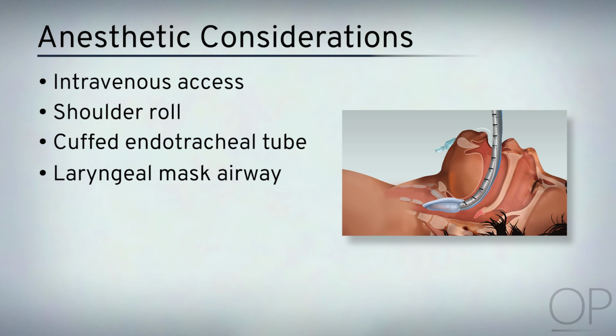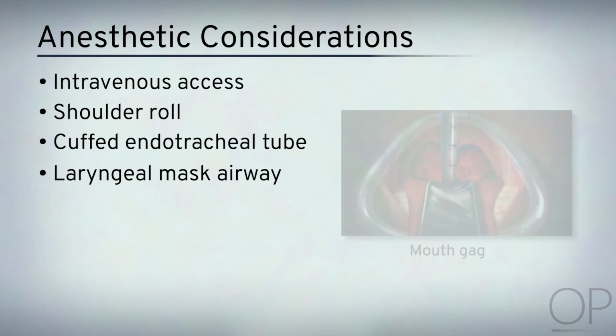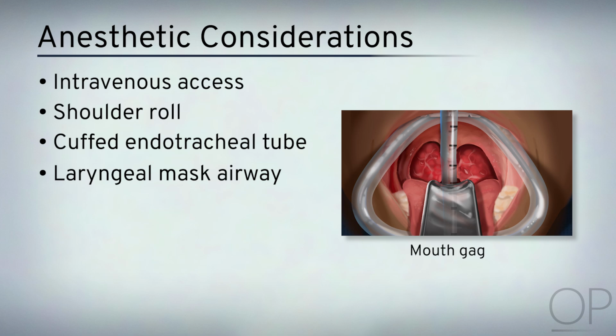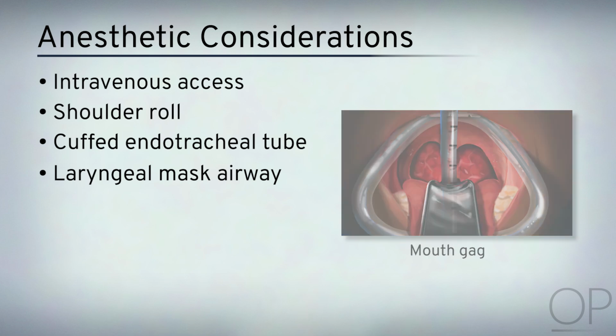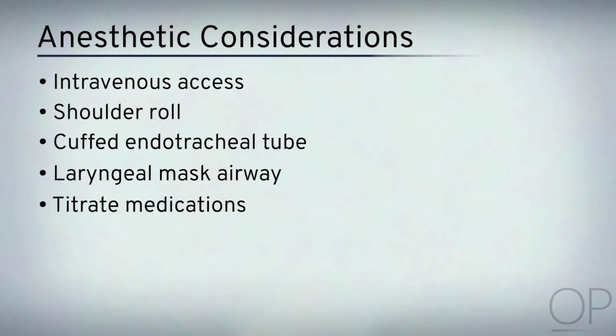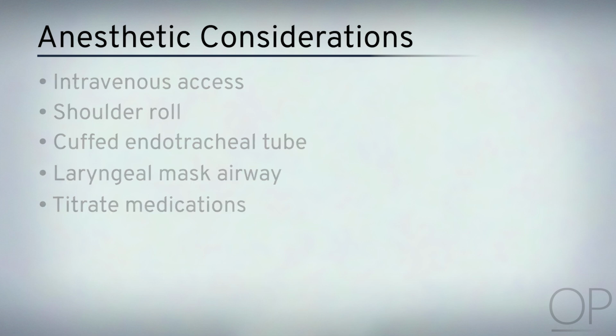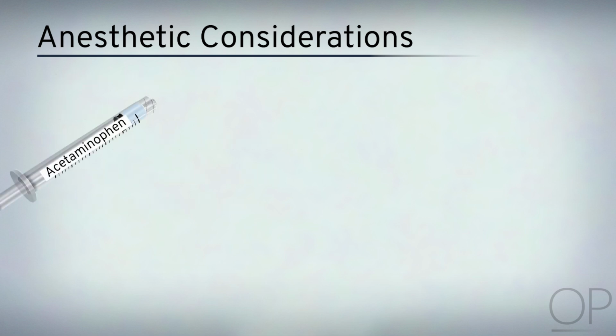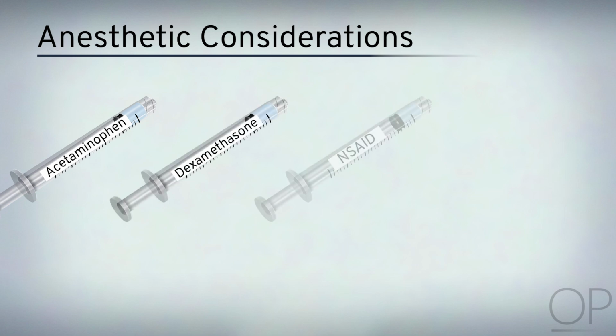Both an endotracheal tube and LMA are at risk of kinking during the procedure after placement of the mouth gag. Thus, the anesthesiologist must pay careful attention to the positioning of the airway, as well as peak pressures on the ventilator during the surgery. During the procedure, the anesthesiologist must carefully titrate analgesic medications to facilitate a smooth emergence and postoperative course. Analgesia is typically multimodal in nature, incorporating acetaminophen, dexamethasone, and NSAIDs when surgically not contraindicated.